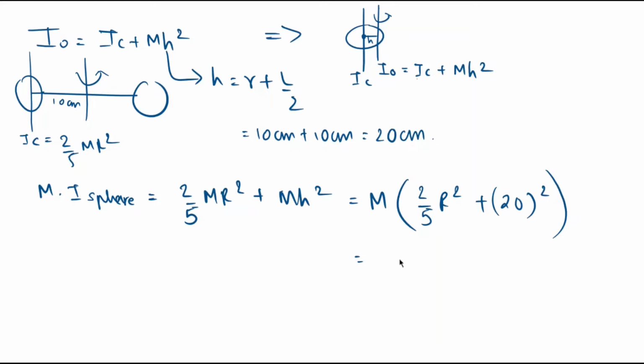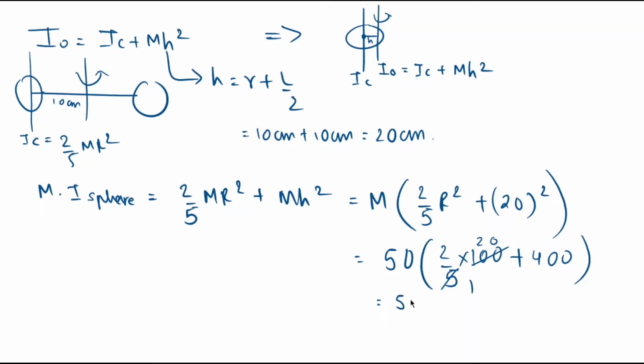Putting all the values, mass is 50 grams, so 50 into 2/5 into 100, plus 20 squared is 400, which gives 40 plus 400, which is 440.